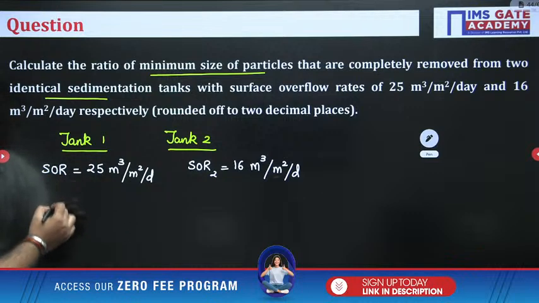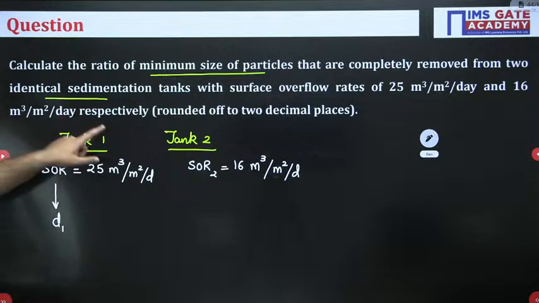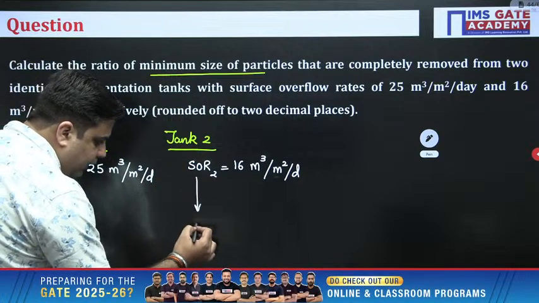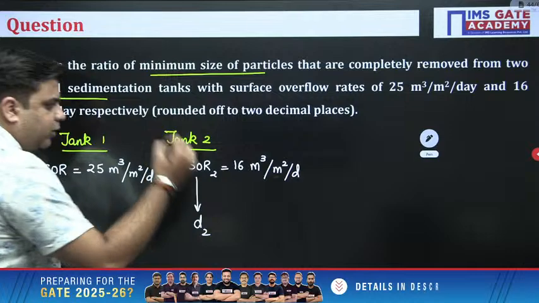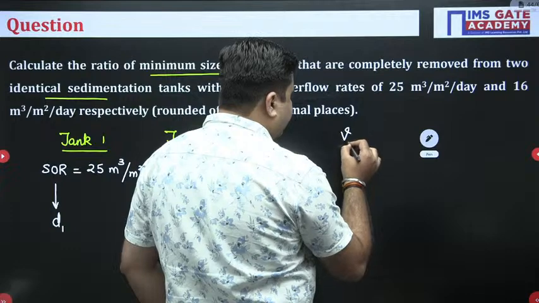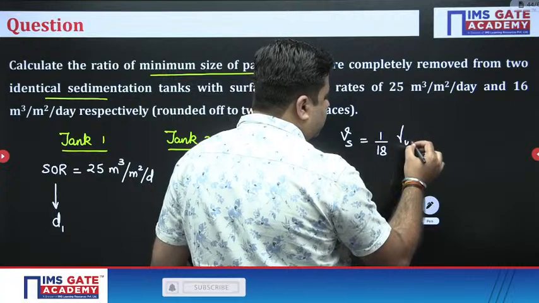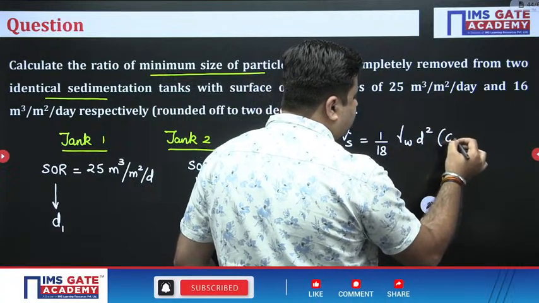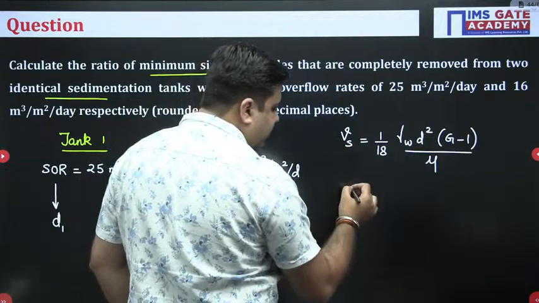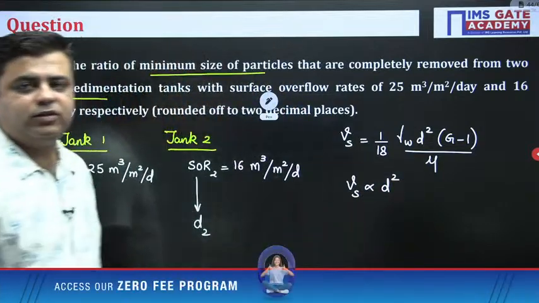Surface overflow rate is nothing but the settling velocity of the concerned size of the particle for which the tank is designed. From the expression of settling velocity, I can write Vs equals 1 upon 18 gamma w d square into (G minus 1) upon mu. So settling velocity is directly proportional to the square of the concerned size of the particle.